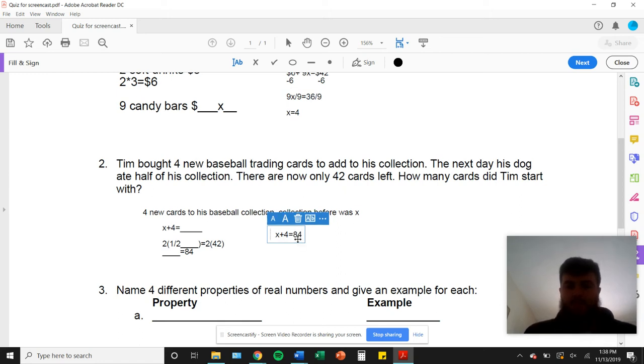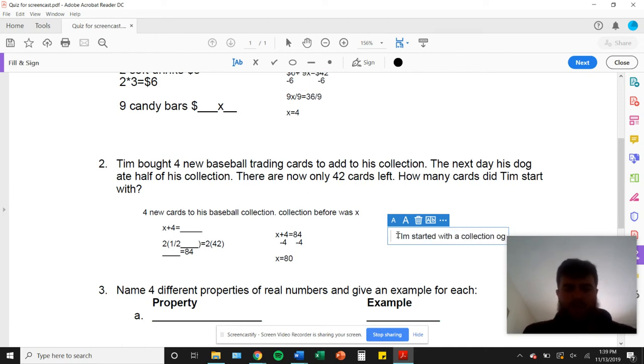Next, we solve for x as we normally would. We subtract 4 on both sides, and now we're left with x equals 80. Again, I want you to write the final answer saying that Tim started with a collection of 80 cards.